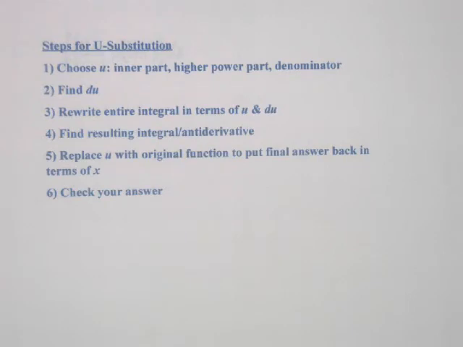So start with choosing your u. That's what you're looking for. Usually an inner part or something to the higher power part, or sometimes it's the denominator too. We'll practice so that you can see them. We'll be practicing this a lot. Then find your du, which is going to be the derivative.